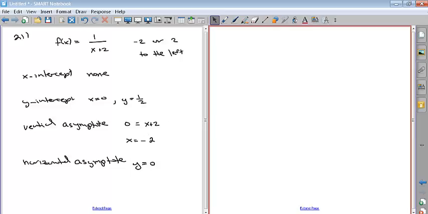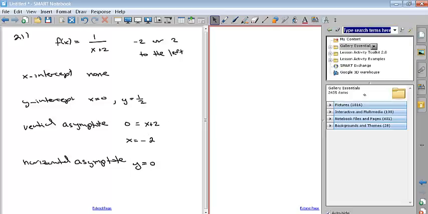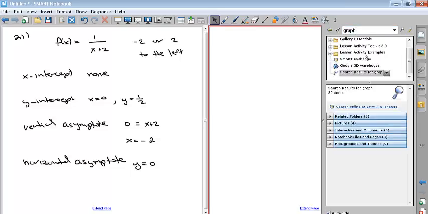So anyway, we'll look at it. Let me put up a piece of graph paper and see what we can plot.